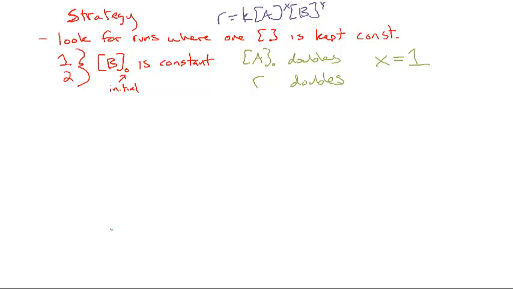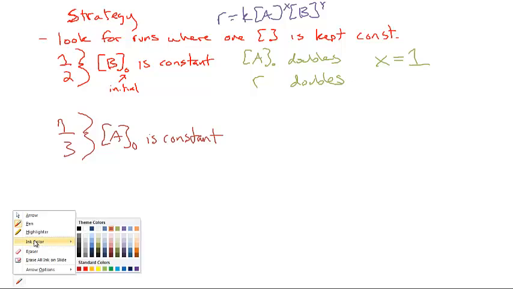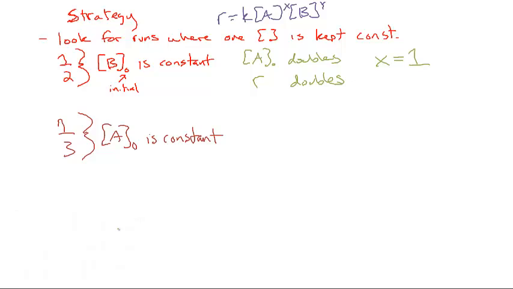And then between runs 1 and 3, what's held constant? A. So [A]0 is held constant. [B]0 doubles.